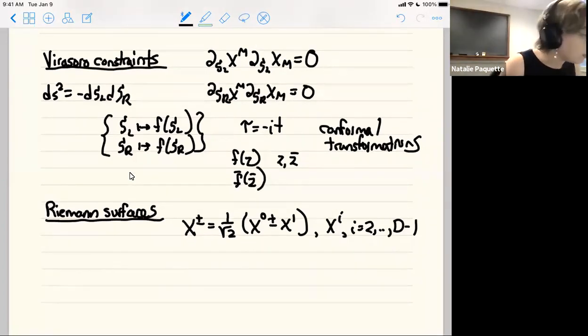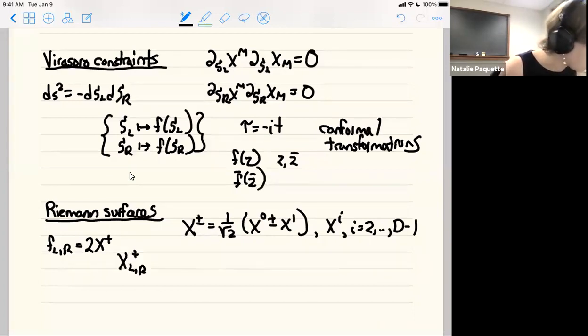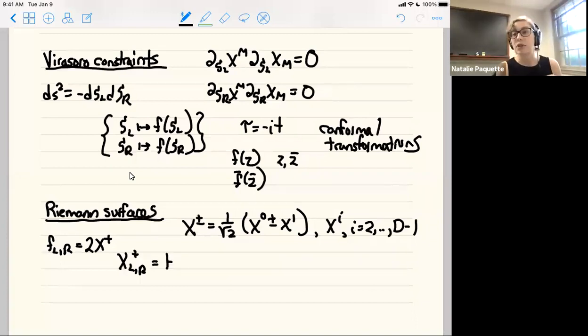A typical convenient choice is to choose FL and FR proportional to the X plus coordinate, to set both the left and right moving parts of X plus equal to t. So we're identifying one of these light cone coordinates with a worldsheet time. Again, it's a funky looking non-covariant thing to do, but it turns out to be convenient, and we have enough leftover gauge symmetry to do it.